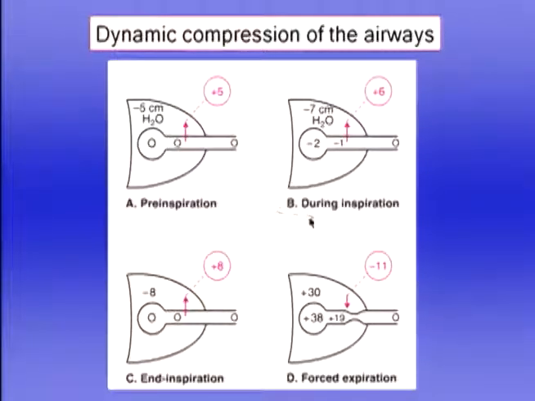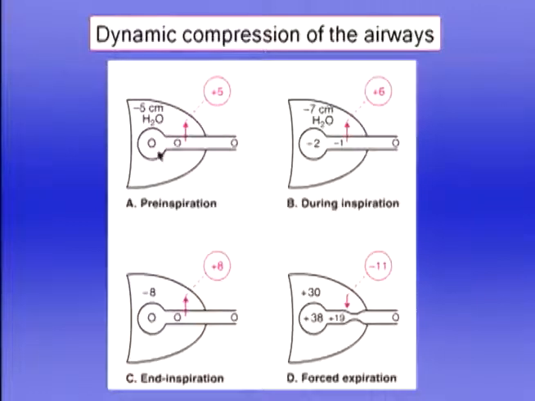Now look at what happens during inspiration. The inspiratory muscles contract, and the result is that the alveolar pressure falls to -2 centimeters of water, flow begins, and the pressures are 0 at the mouth, -2 in the alveoli, and -1 somewhere along the airway. Now, what about the intrapleural pressure?